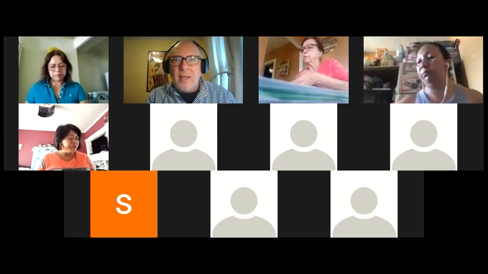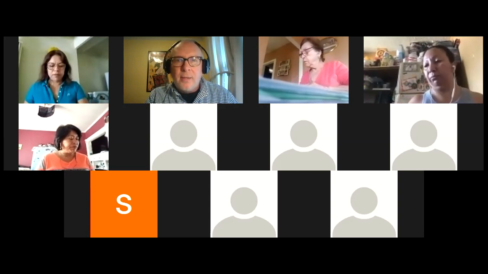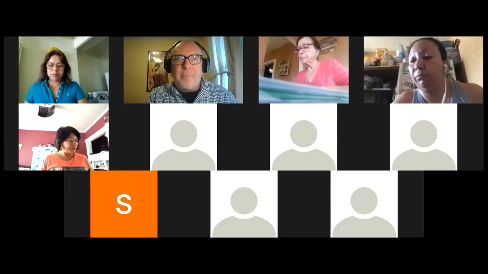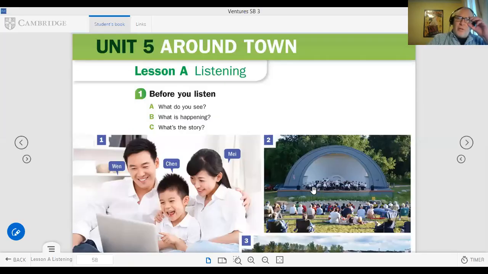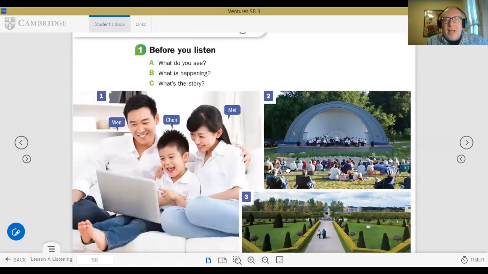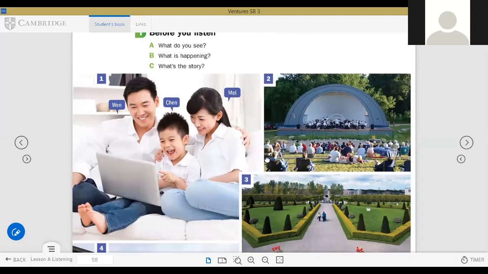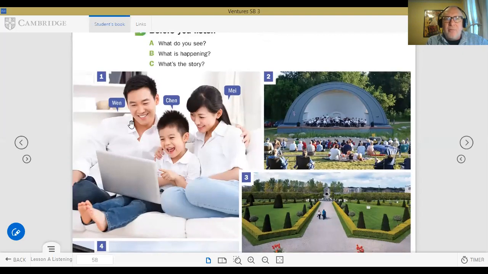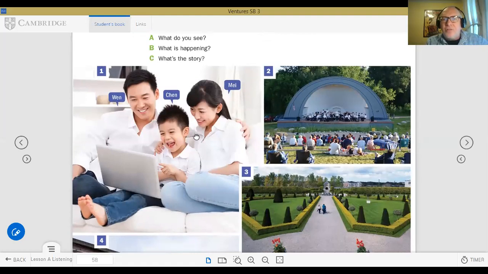So let me share it. The picture looks like this. Do you see the picture? Yes. You see a family looking at the computer? Yes. And this family is thinking about different things to do over the weekend. All right, so let's see, what are their choices? We have a father and a mother and a little son, and they're thinking about their different choices.